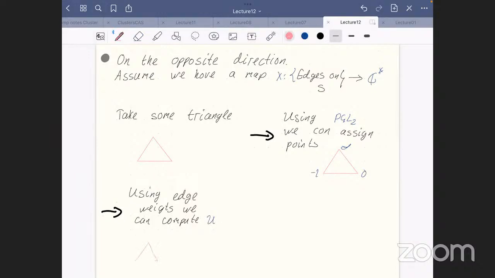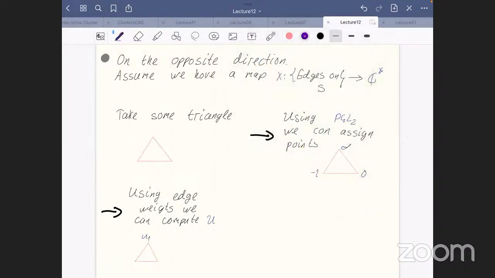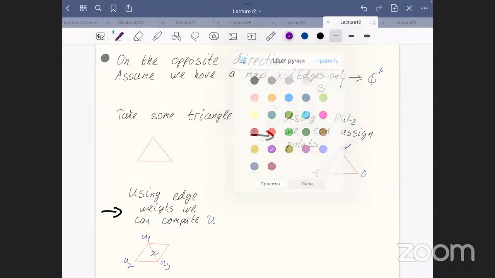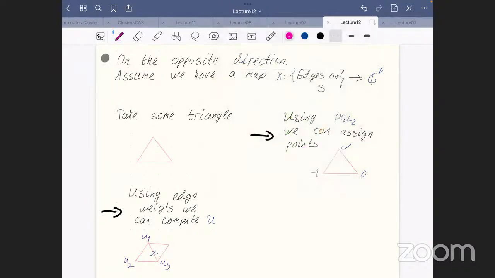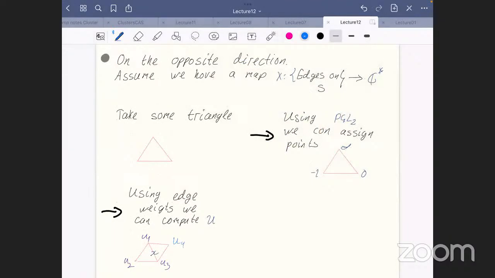I mean that if we know values u1, u2, u3 on some triangle, and we know the value of the corresponding x here, then we can compute this u4, because there is only one point such that the corresponding cross ratio will be equal to x.